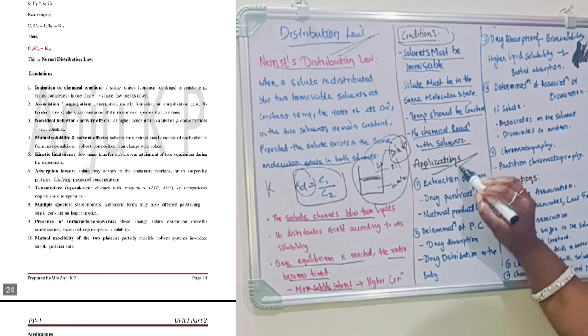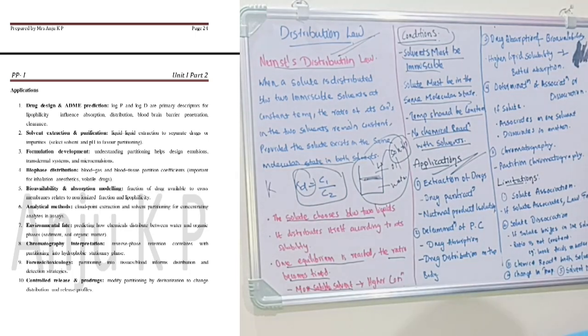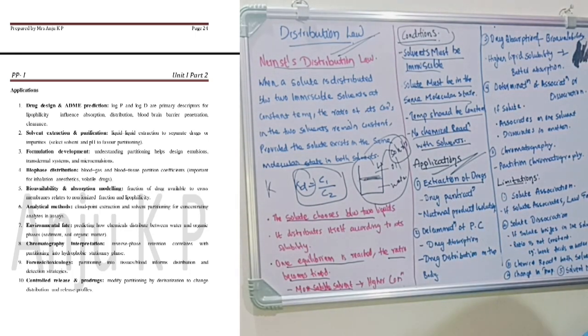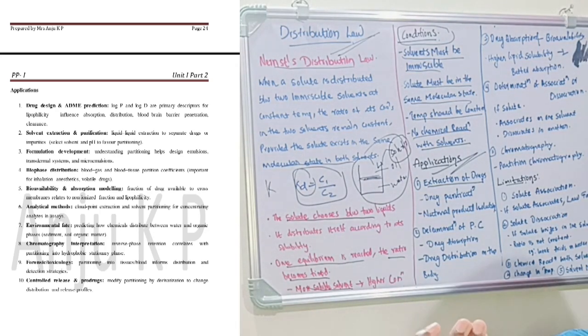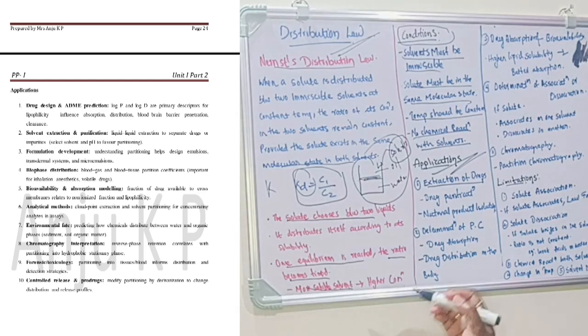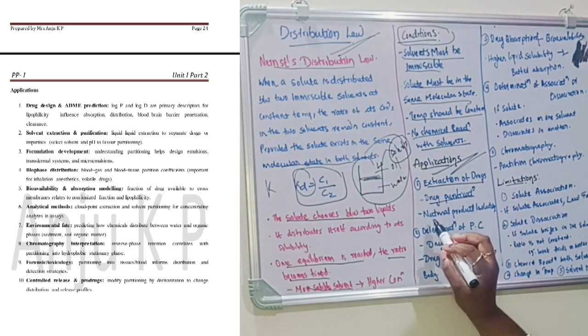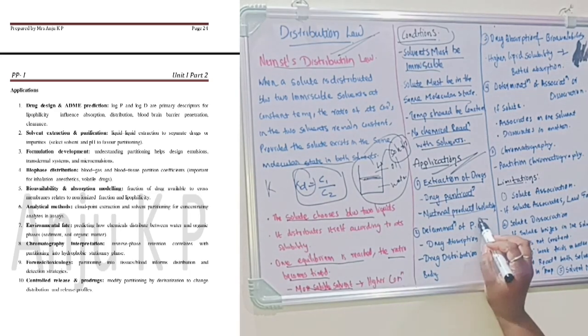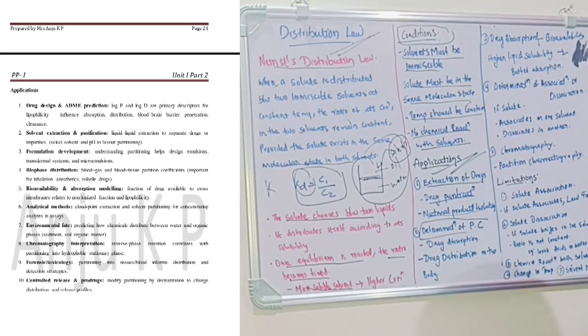Now comes the applications of the distribution law. Extraction of drugs: we can extract drugs from the aqueous part to the organic part, like drug purification and natural product isolation. Next comes the determination of partition coefficient.